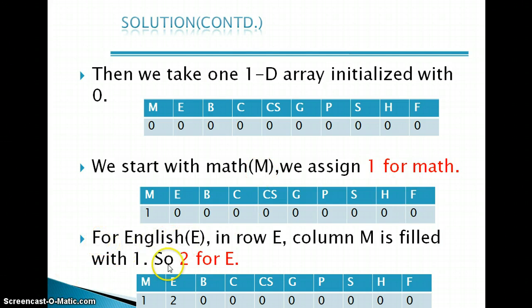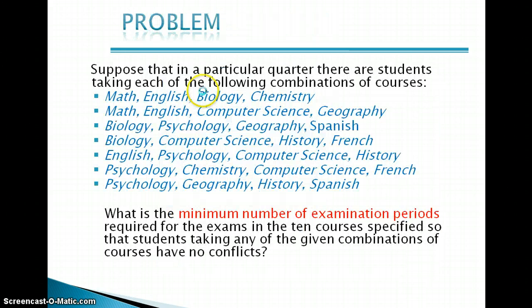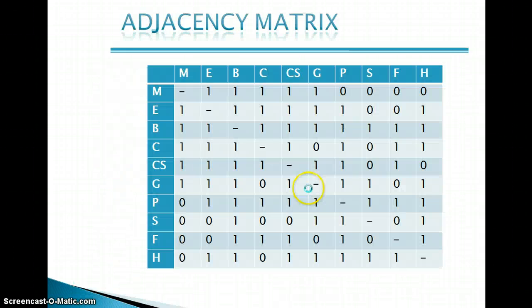Then for English, math and English are adjacent, because if math is there, English, biology, chemistry cannot be possible, as well as computer science, geography.